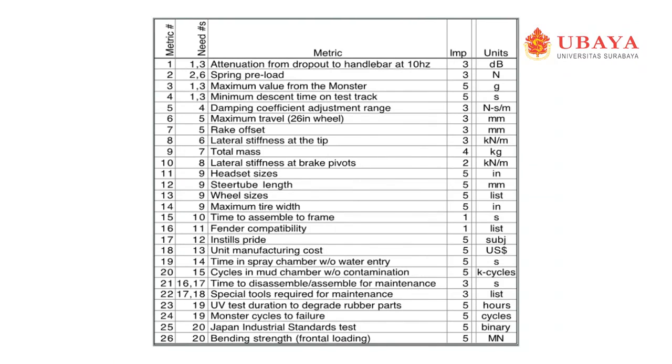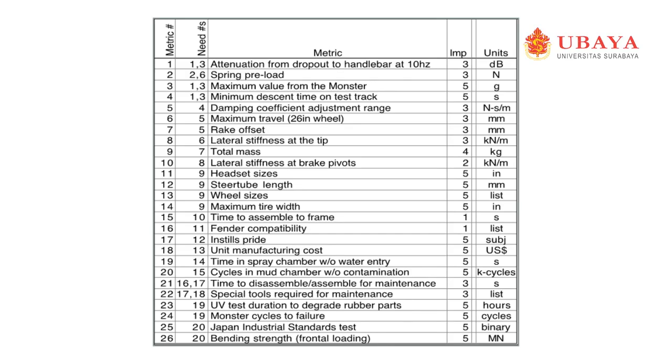Next one, this is the essence of this material: how to establish the metrics and the units. For example, in the first column, you can see the metric number, from 1 to 26. It means that we have 26 metrics.